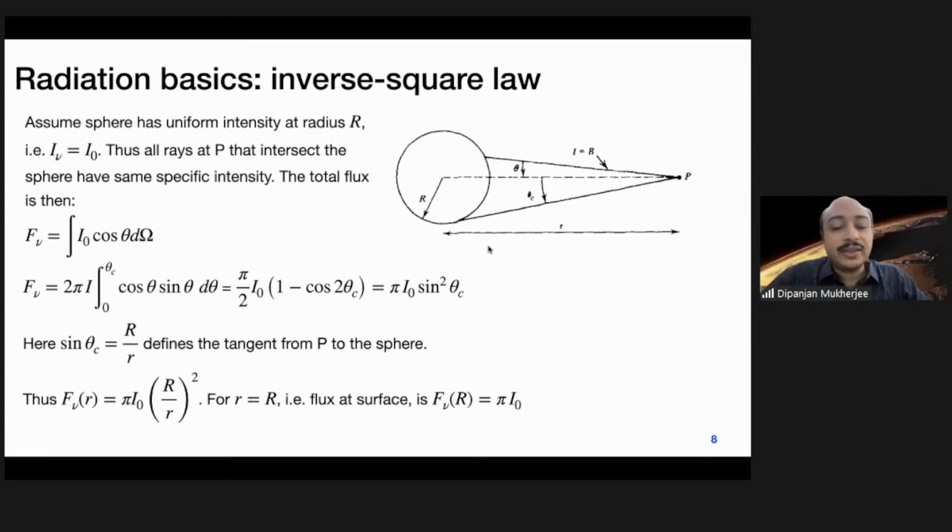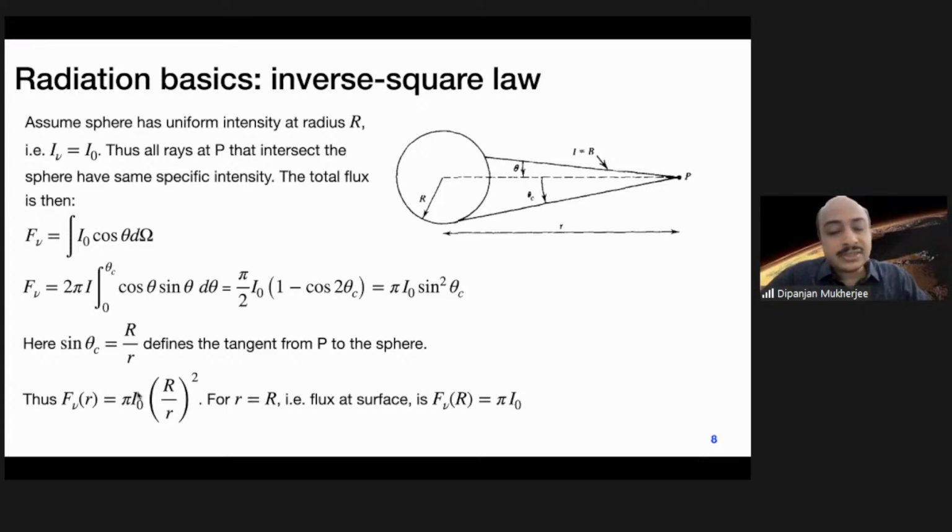So when you integrate over cos theta, you go from 0 to theta c, limited by this area. With simple trigonometry, you can transform this sin theta c into r by R, and you recover this 1 by r square, a standard form.